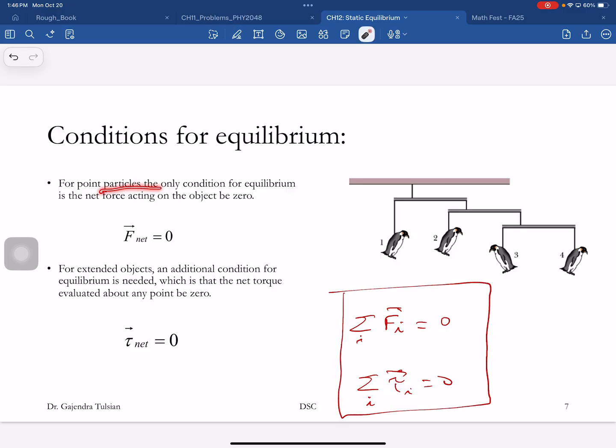For point particles, all you need is the force condition, okay? And even for extended objects, as long as all the forces are going through the center of mass, this condition is enough. But if forces are not going through the center of mass, you need this additional condition for an extended object to be in static equilibrium. Okay, so these are the two conditions you need.